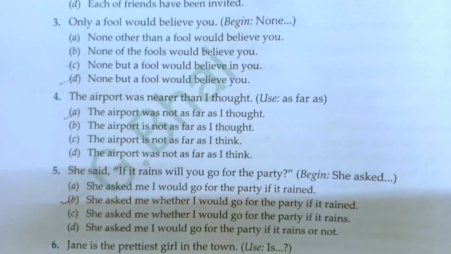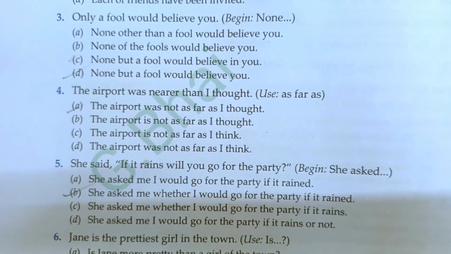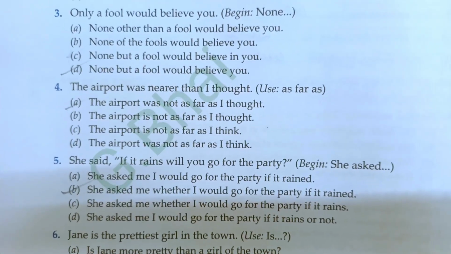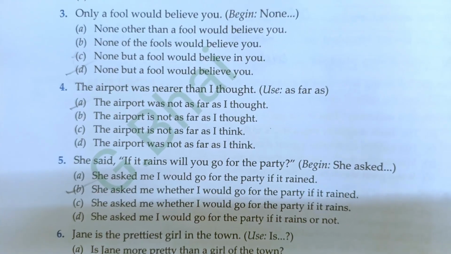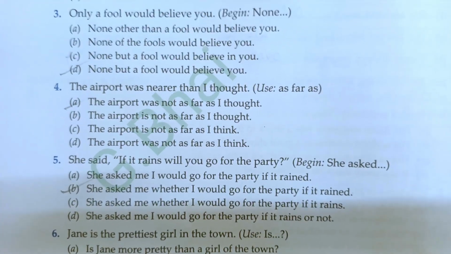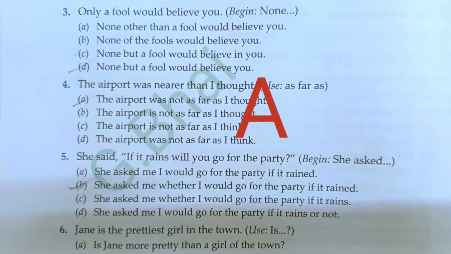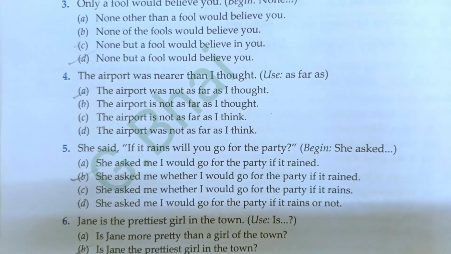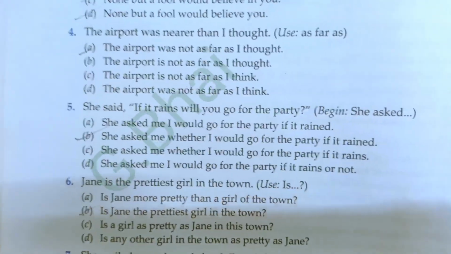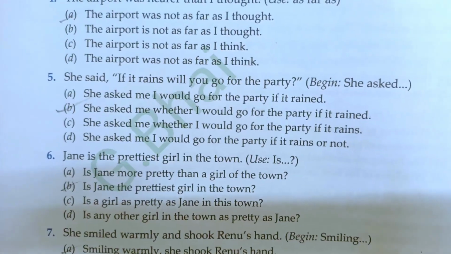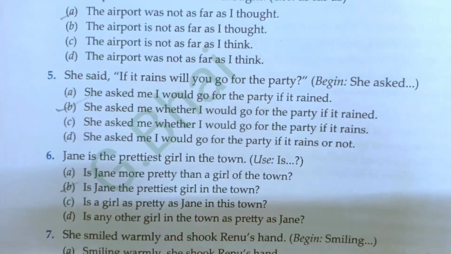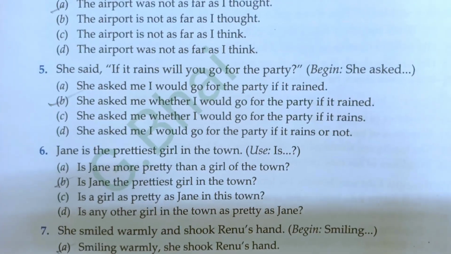Number 4, the airport was nearer than I thought. So here you have to begin the sentence with not as far as. So the correct option is A. The airport was not as far as I thought. Number 5, she said, if it rains, will you go for the party? So here you have to begin the sentence with she asked.